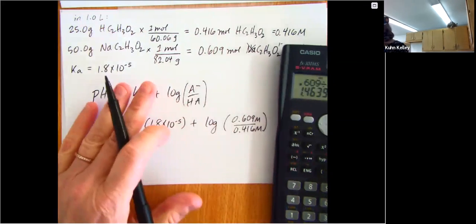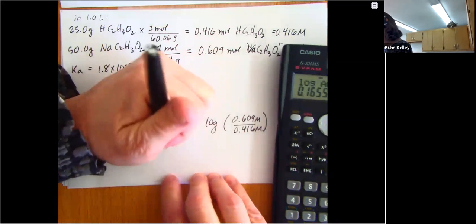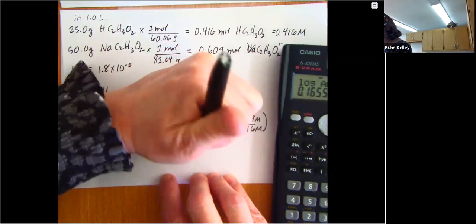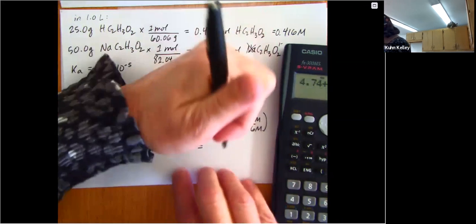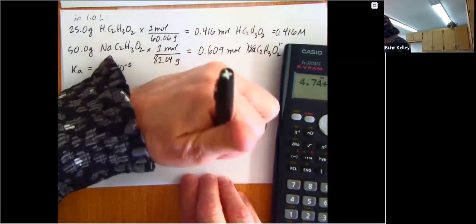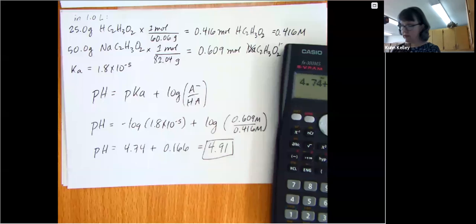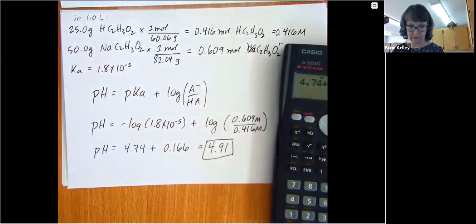If I take the log of that value, I get 0.166. When I add those together, 4.74 plus 0.166, I get a pH of 4.91. Pretty straightforward. The only wrinkle in this problem was that we had to start by converting our grams to moles.